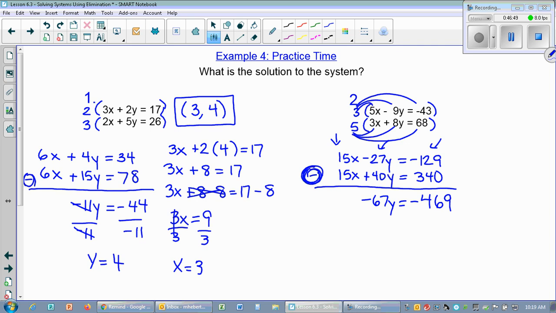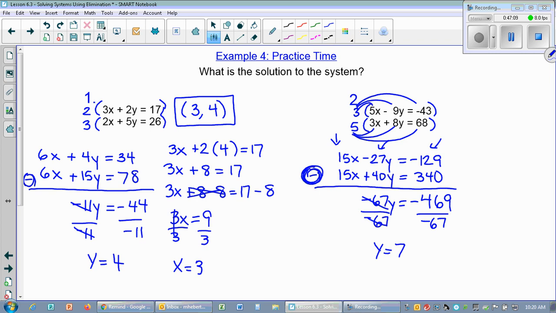We'll divide each side by negative 67 in order to get a positive coefficient of 1y. Negative 469 divided by negative 67 is a positive 7.